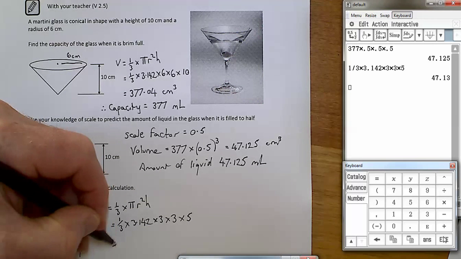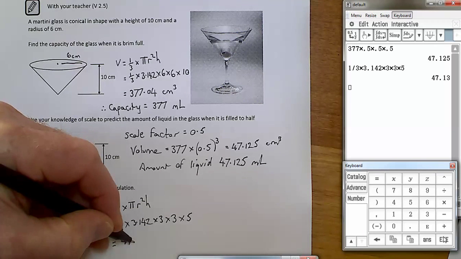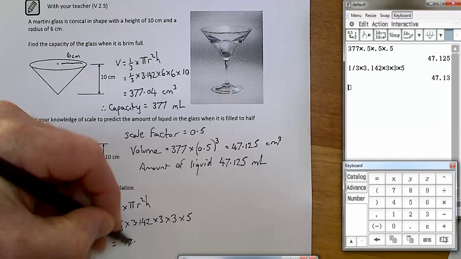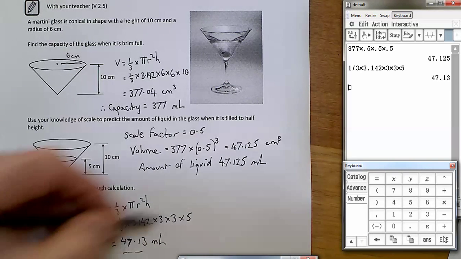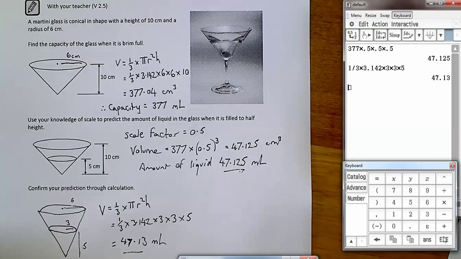That gives 47.13. And you can see that these two answers are more or less the same. Slight inaccuracy there, we did some rounding off earlier, but more or less we've got the same answer.